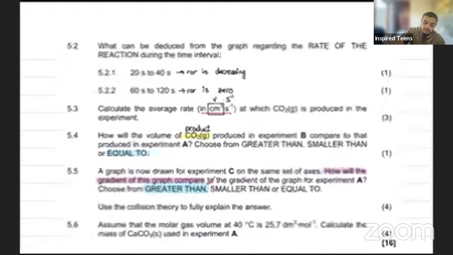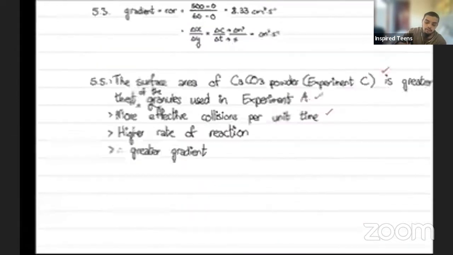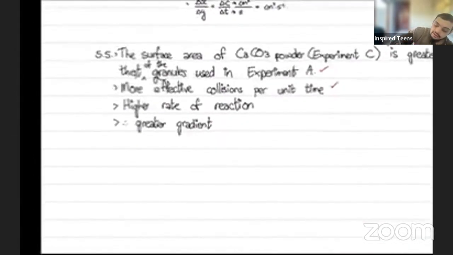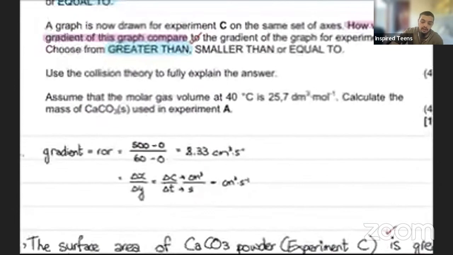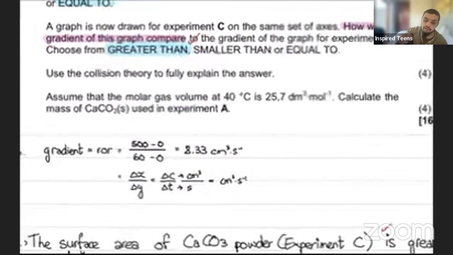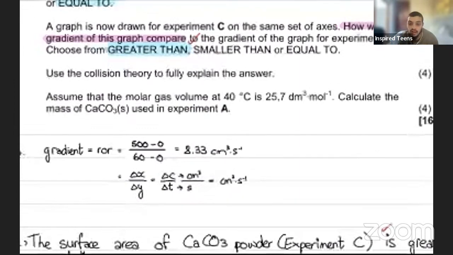I'm not going to discuss all of this again, but we're just going to go to the last question, 5.6. It says, assume that the molar gas volume at 40 degrees Celsius is 25.7 decimeters cubed per mole to the -1.